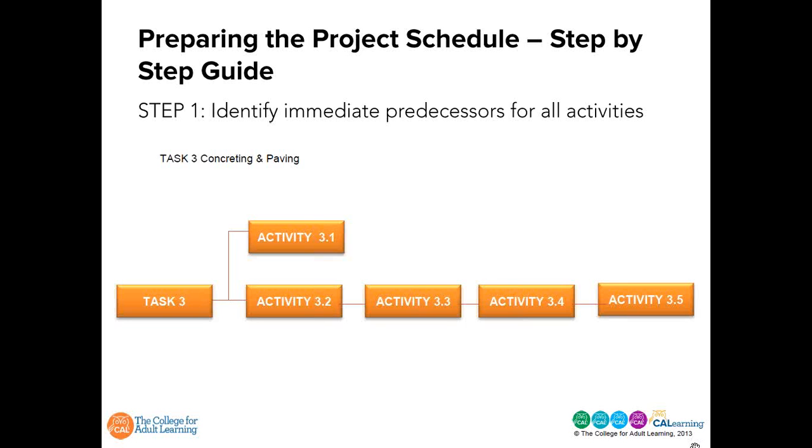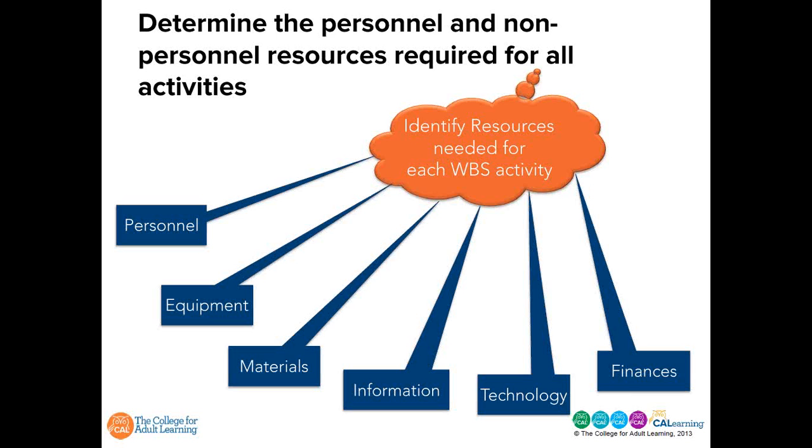The next thing we can start to do is determine the personnel and non-personnel resources required for all the activities. That is the type, amount, and availability of resources that affect how long you will need to perform each task or activity. The next is duration.